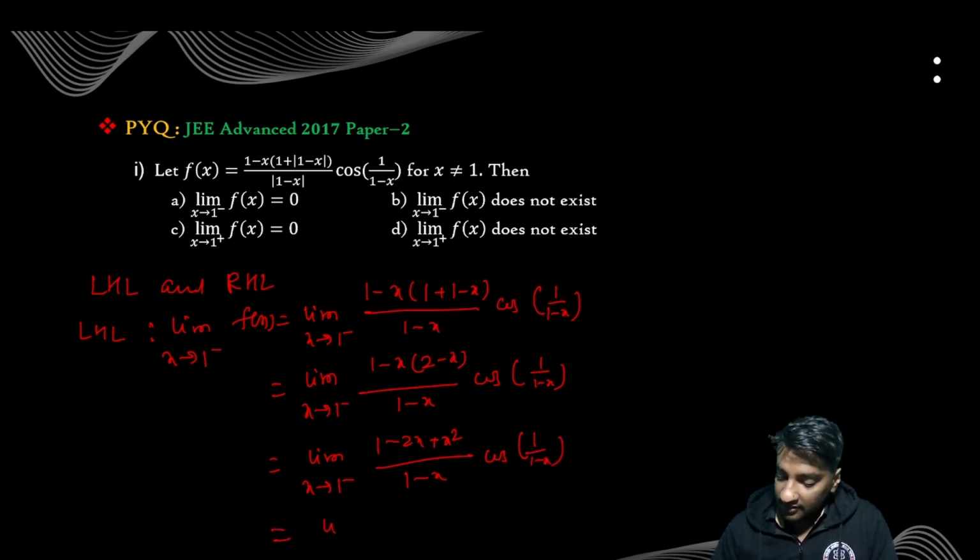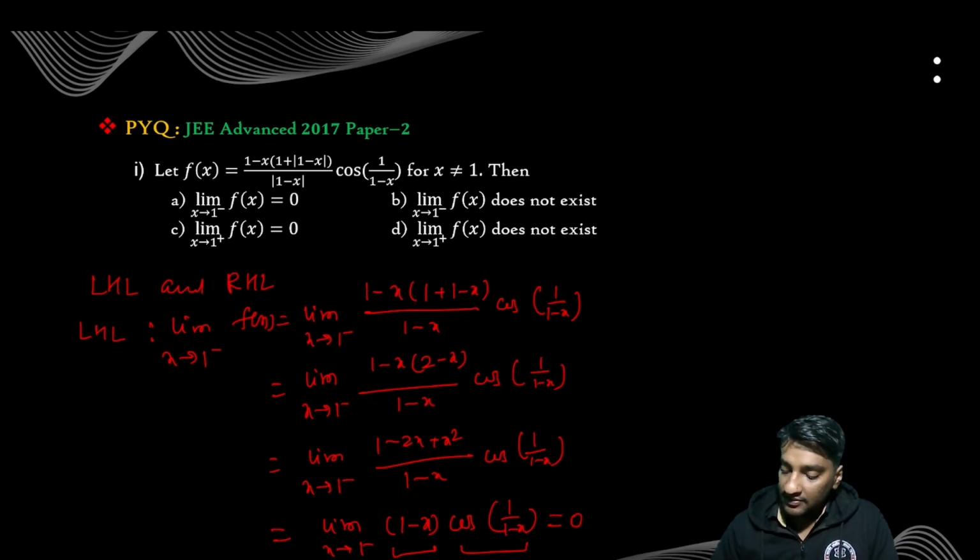So this is equal to limit x tends to 1 minus (1 minus x) cos of 1 by (1 minus x). See, this value is bounded and this is approaching 0. Therefore, the limit is 0. So the LHL is 0.